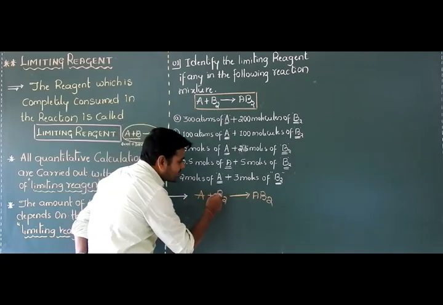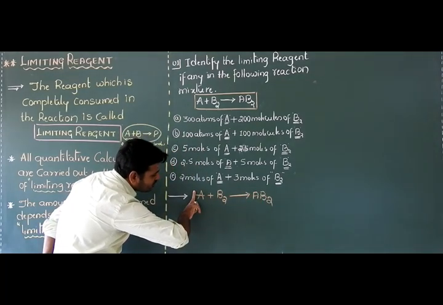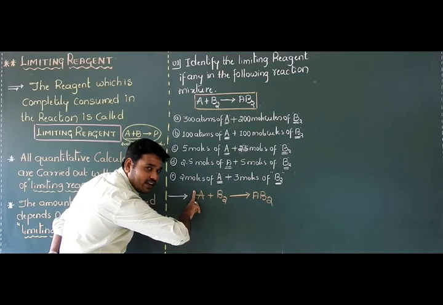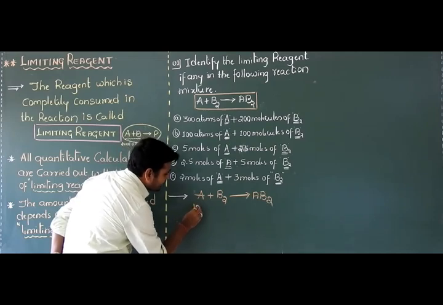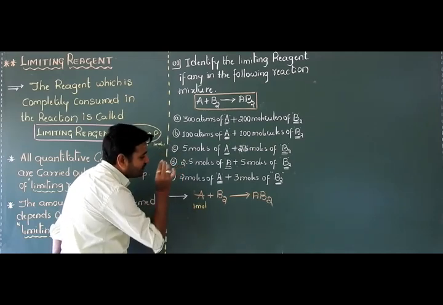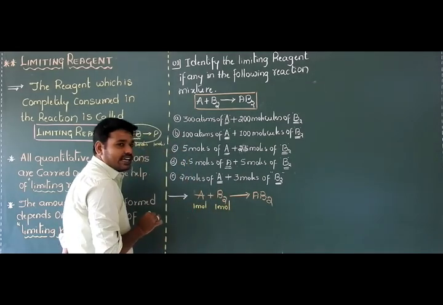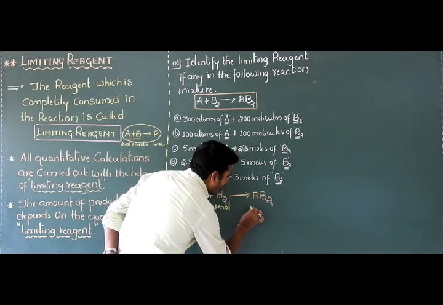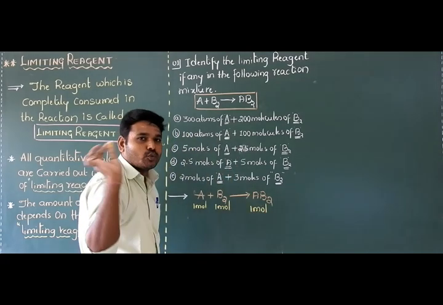According to this balanced chemical equation, tell me students, what is the stoichiometric coefficient here? Yes, 1 is the stoichiometric coefficient. That means 1 mole of reactant A combines with 1 mole of reactant B2 and forms 1 mole of product AB2.